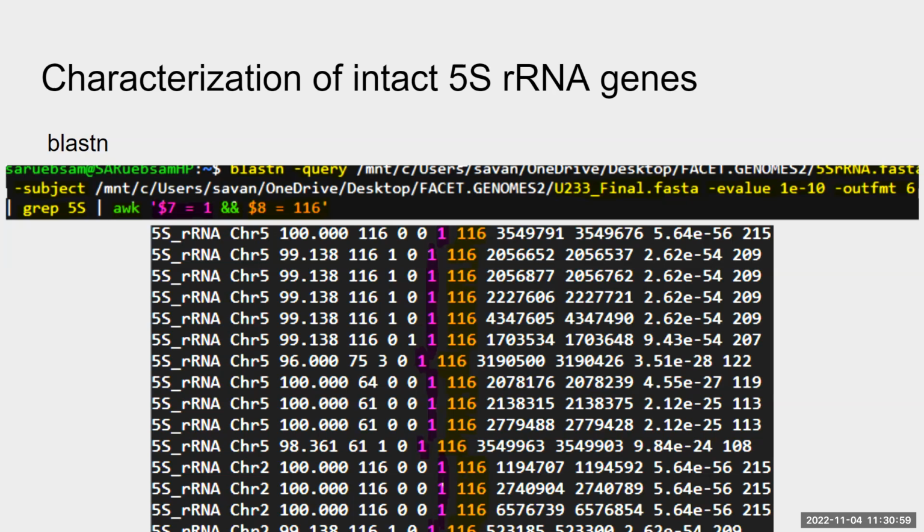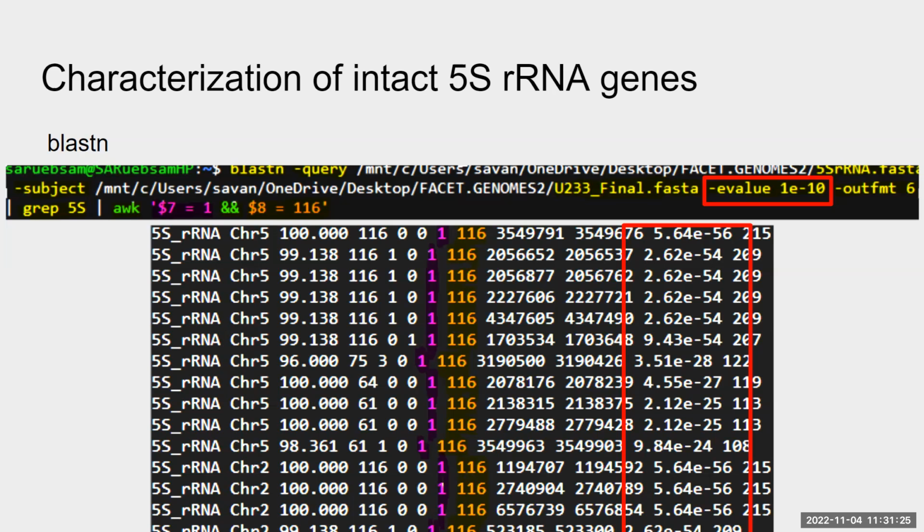So here we're using a BLAST command. In BLAST, you will have a query. Our query is our 5S RNA. This is what we are looking for within the genome. Our genome here is U233. This is our subject. So this is what we are looking for, the 5S elements inside. Then we use an E value, 1E-10.